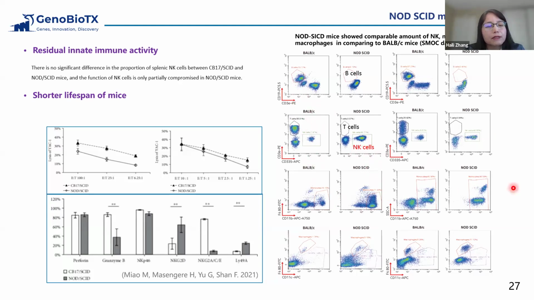Also, the function of the NK cell is only partially compromised in this mouse line, which is also confirmed by this published paper.